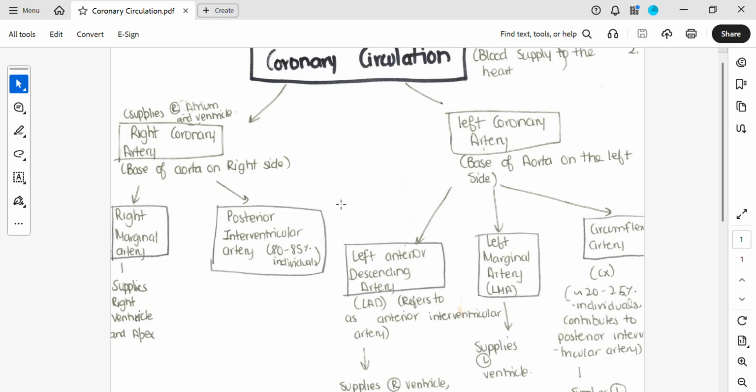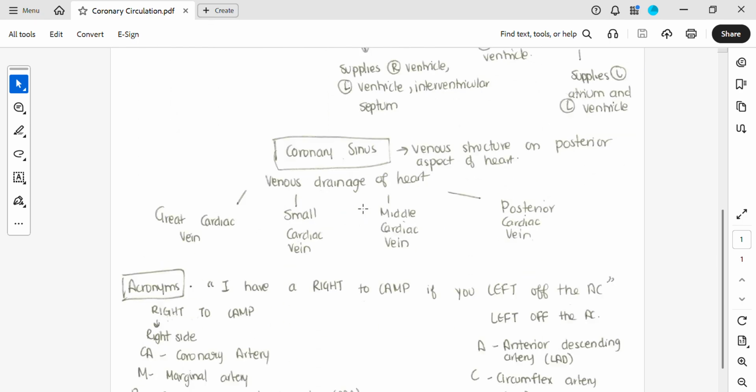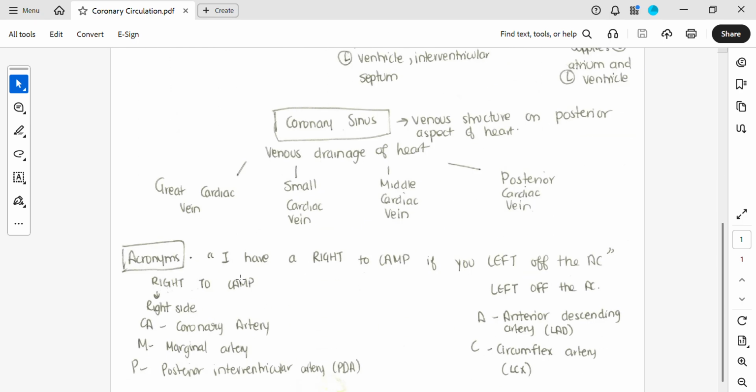I have an easy mnemonic that I learned from nursing school when you're learning about both right and left. The mnemonic is: I have a right to camp if you left off the AC. Basically, right refers to the right side. Camp, if you split it apart, CA is for coronary artery, M is for marginal artery, P is for posterior interventricular artery, or PDA, and left is for left of the AC.